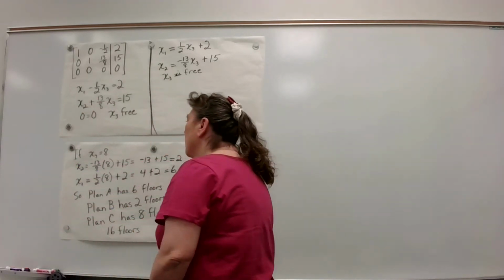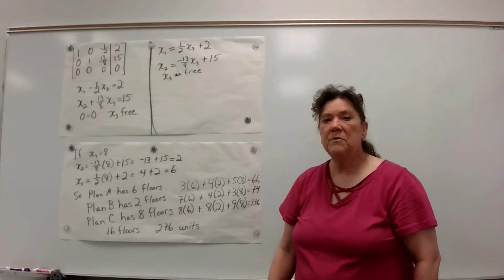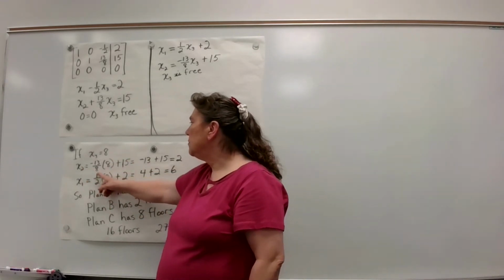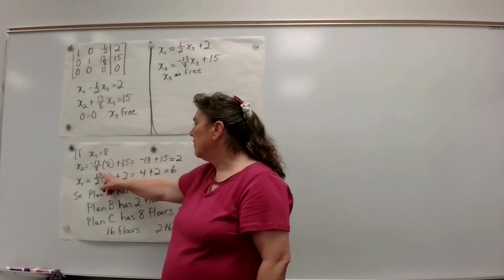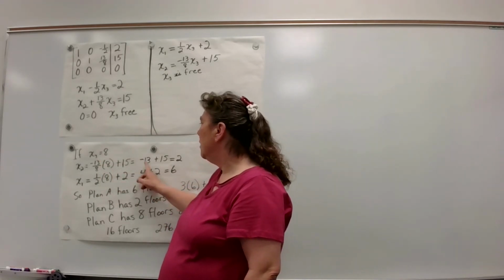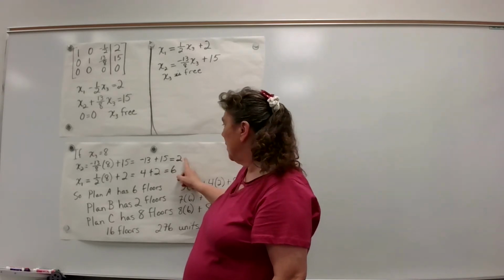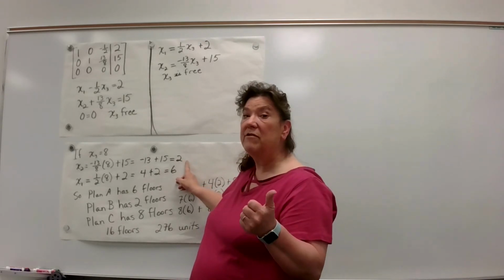Okay. What if I say my x sub 3 is equal to 8? Well, x sub 2 is negative 13 over 8 times 8 plus 15, which is a negative 13 plus 15, which is 2. So I come out positive, which is good. We have to have a positive.